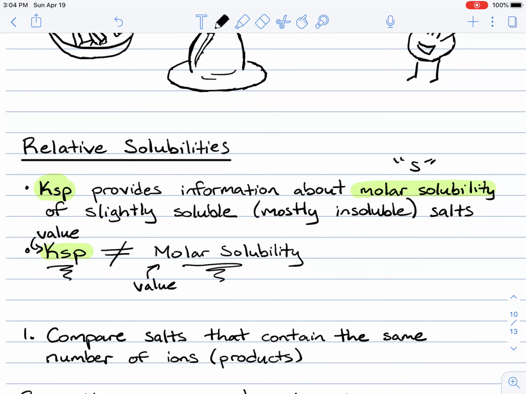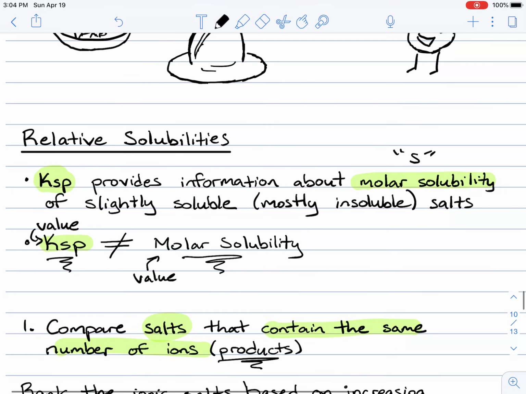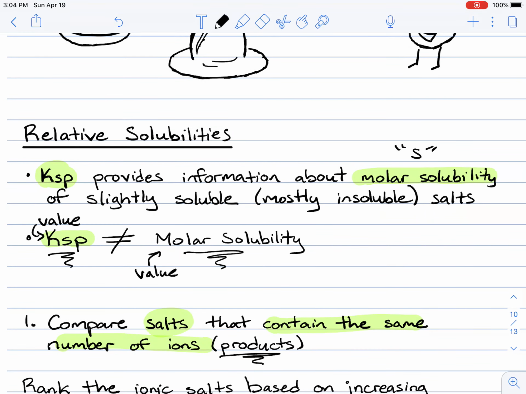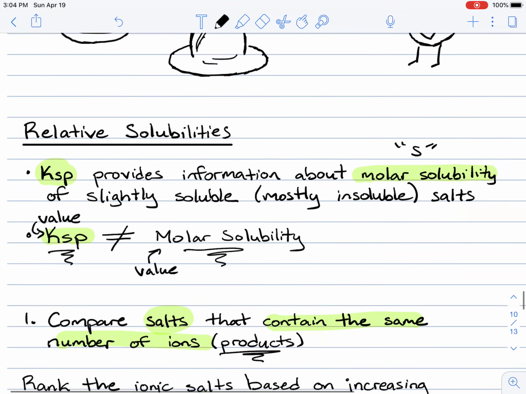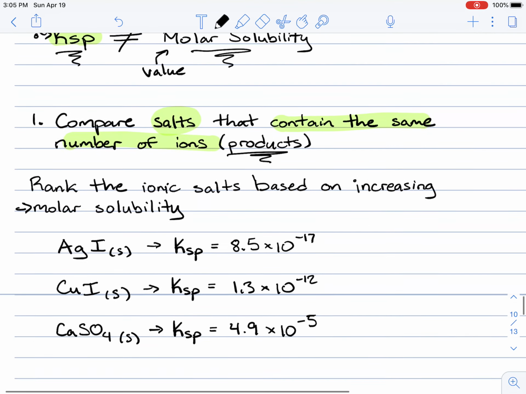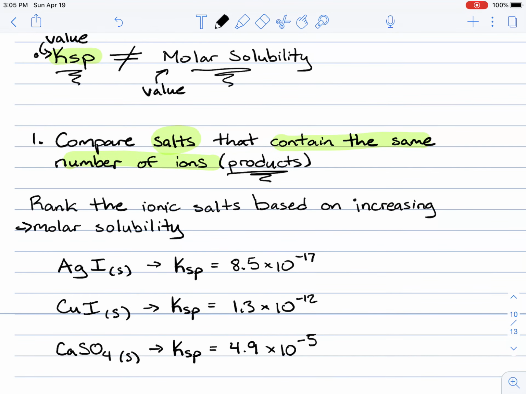The first situation is when the slightly soluble, mostly insoluble salts contain the same number of ions, and the number of ions I'm referring to is on the product side. We're going to look at how we can determine the molar solubility and see if there's any trend that we can extract. This is the main question that we're going to address.